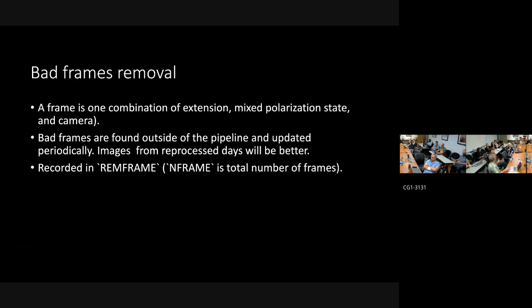The one other thing in reading the raw data that we do is that outside the pipeline, Ben has a process of finding glitches, which are anomalous frames. By frame, I mean one exact extension, one camera in one polarization state. Something went wrong just for that split second that we were taking that image, and so they're removed.